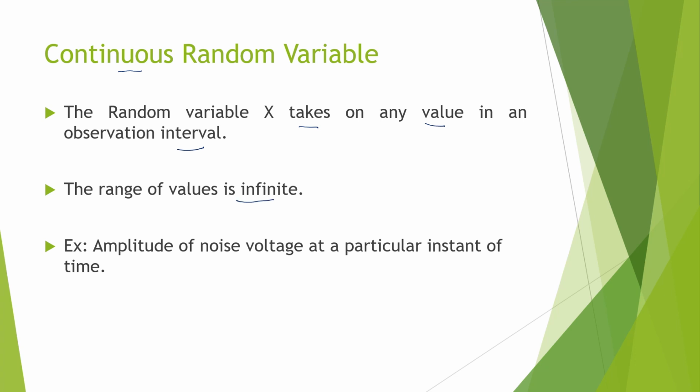One good example for this is noise voltage amplitude. Suppose you consider a noise voltage something like this, and if you measure the noise voltage at any instant, it has a certain value. Again at another instant it has another value. So the range of values is infinite. It can take on any value, whereas in discrete it can take only fixed values. So this is the difference between continuous and discrete random variables.